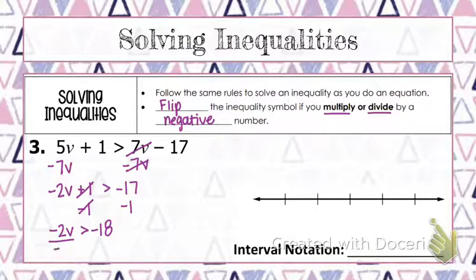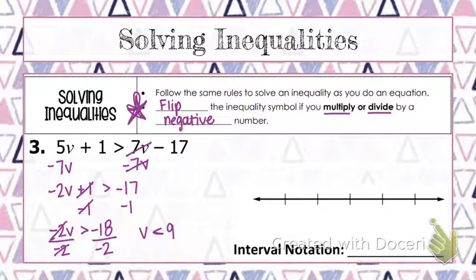Then we're going to divide both sides by -2. But we are multiplying or dividing by a negative. So that means we have to flip our symbol. So the -2's cancel, and we're going to get v is less than, so we flipped that sign, 9. So that's our answer in inequality form.